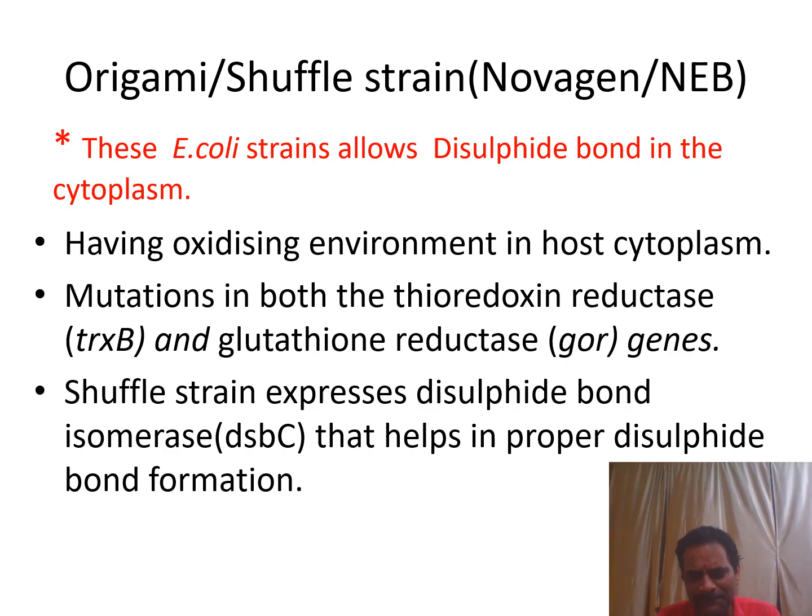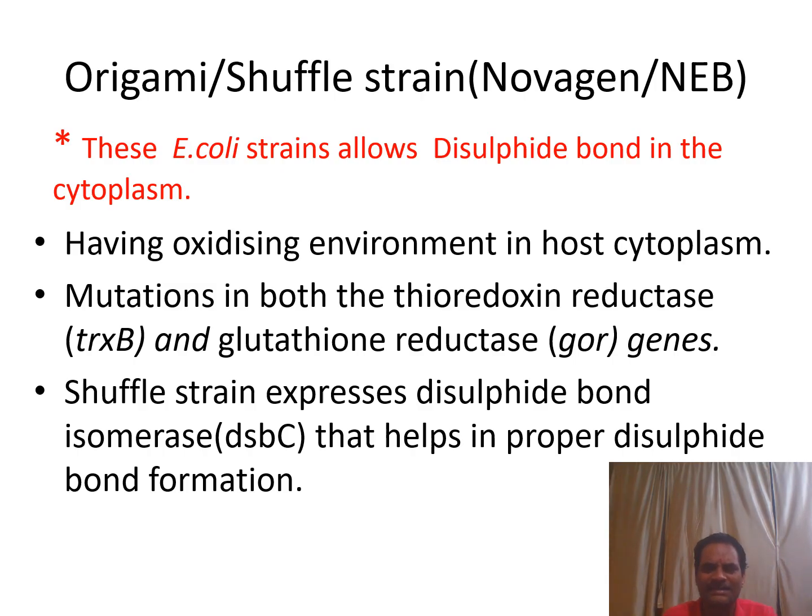Sometimes people observe that when there are multiple possibilities of disulfide bond formation, the proteins are not active. The recombinant protein produced in the Origami strain has activity that does not match the amount of protein; activity is less. They observed that when there are multiple possibilities of disulfide bond formation and we allow it in the cytoplasm, random disulfide bonds form, not proper ones.